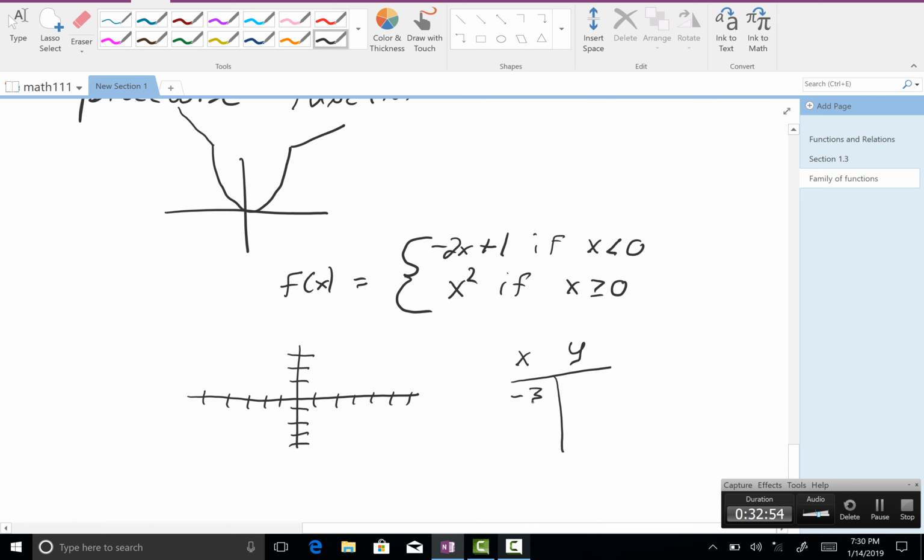The condition says if it's less than 0, you use this. So if I have a -3 there, then I'll just take -3, put it in there. So -2 times -3. I'm really writing this stuff out. I wouldn't expect you to, but 7. So -3 and 7, someplace way up there.